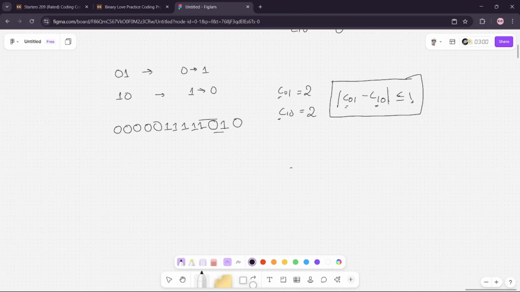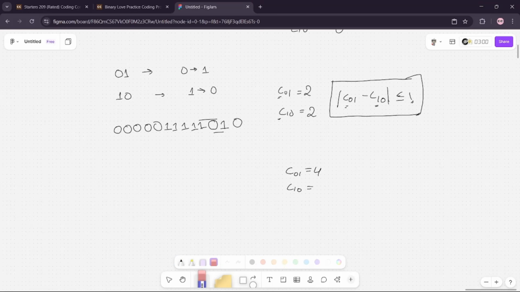Now, if I say my C01 is 4 and C10 is 3, and both Alice and Bob are playing on that string, and at some point, due to removing a character, one of these counts has to decrease. If C10 were to decrease and become 2, this would contradict our statement that for any binary string the absolute difference should be less than or equal to 1, because here the absolute difference is 2.